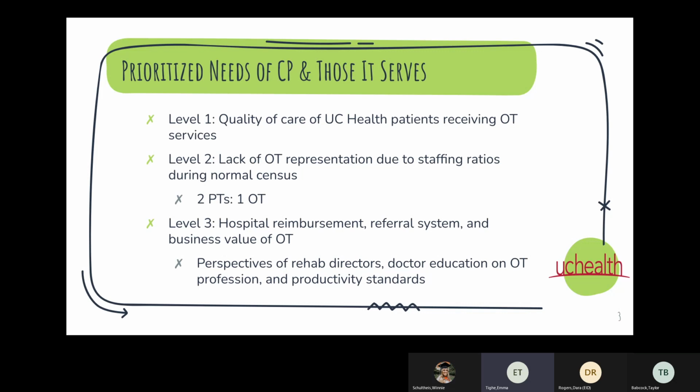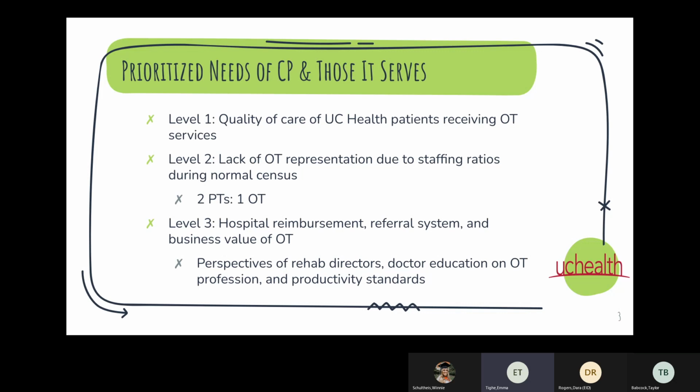These level 3 factors were identified by scrutinizing the OT referral process, the time constraints, the hospital reimbursement policies, and the lack of education and advocacy for OT. The productivity during normal census is 50% compared to 30% during COVID.